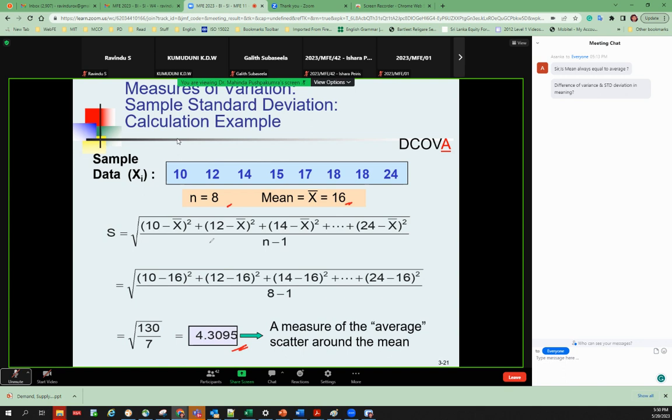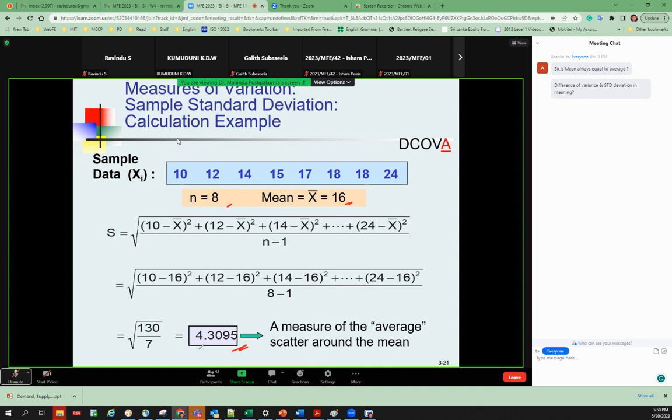If it is meters, then when you calculate variance, it becomes square meters. To overcome that limitation, we take the square root of it. Then we call it standard deviation.